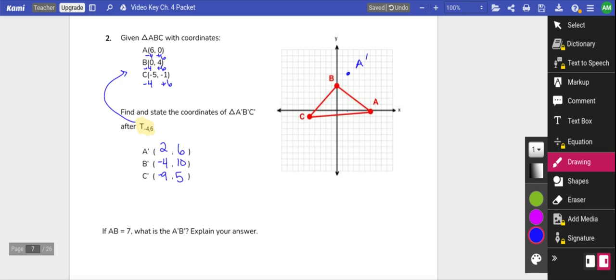Here's A prime. B prime, and lastly, C prime.